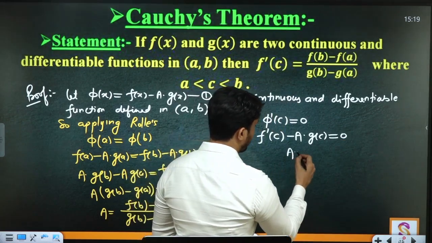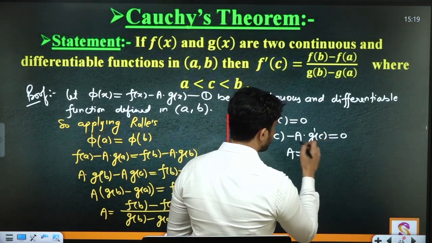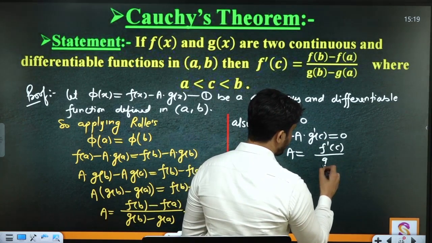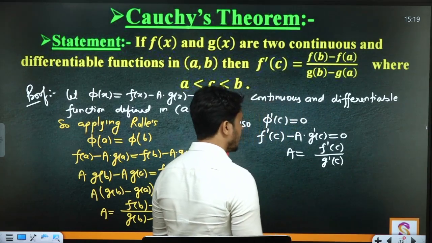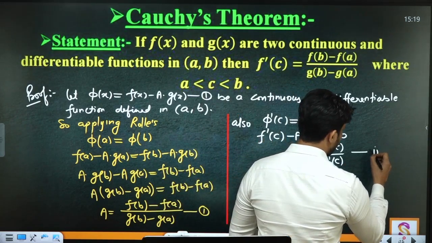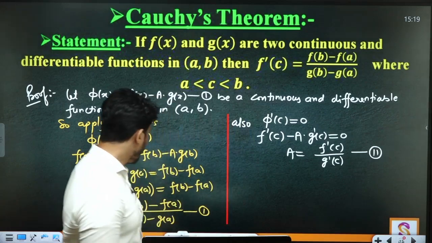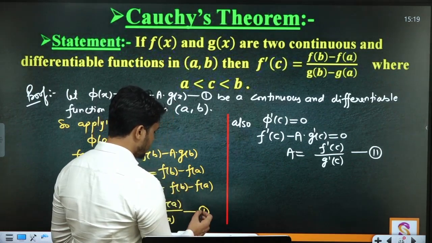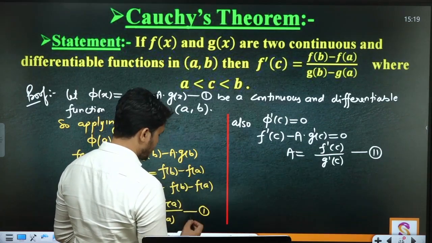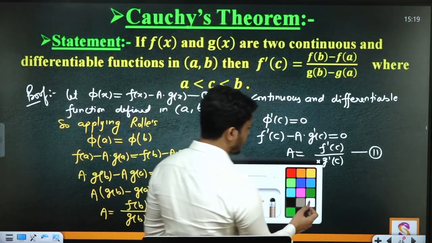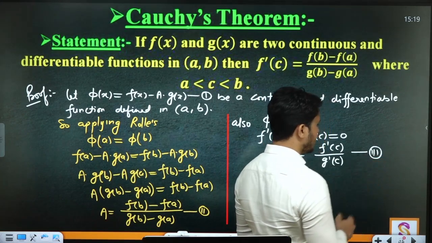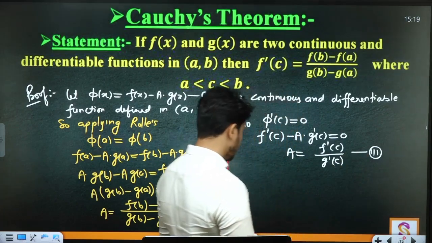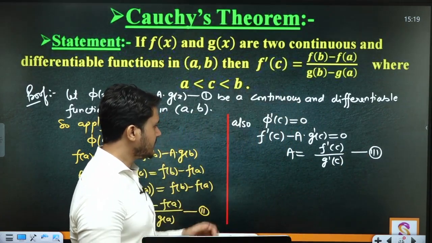Again you can find the value of capital A, which will be f dash c upon g dash c, and consider it as equation second. Now both the values of A: equation 1, अच्छा 1 उधर है, this is second, and this one will be third. All right.